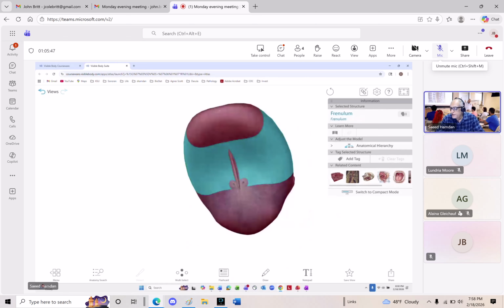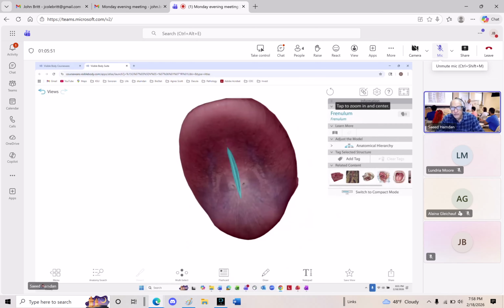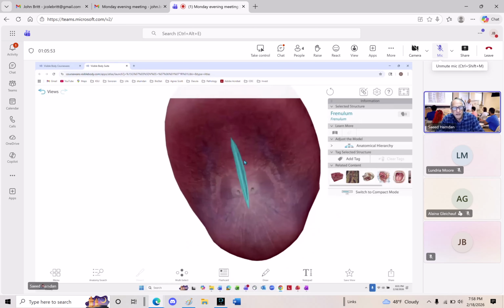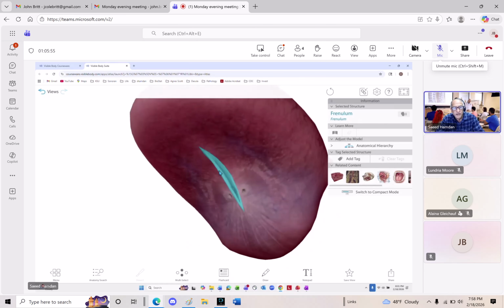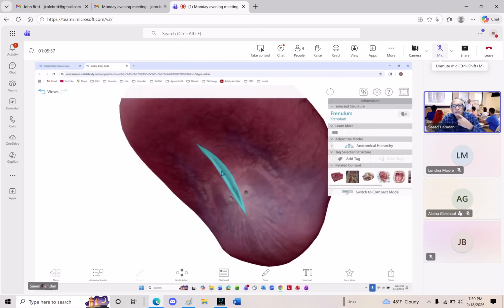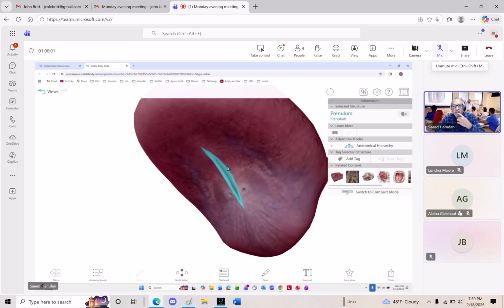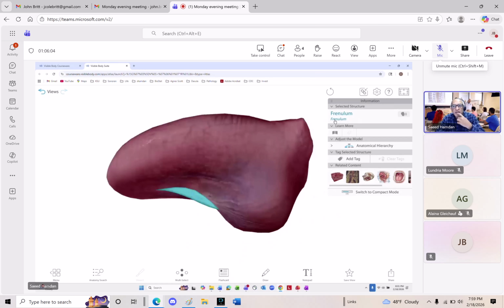Now actually they do have the lingual frenulum, which is this part right there. Basically, under the tongue, the part that anchors the tongue to the inferior wall, that's going to be your frenulum, right?